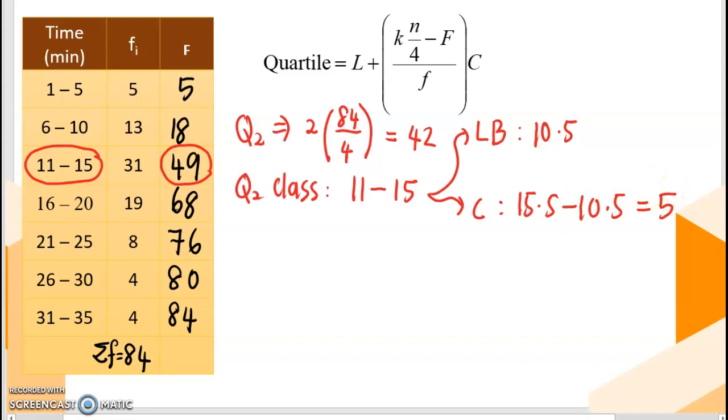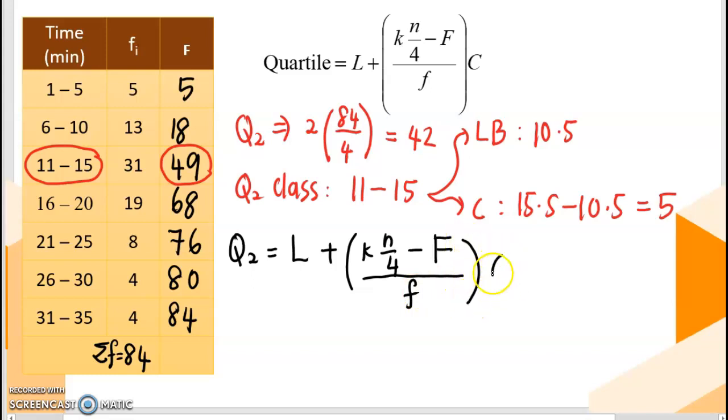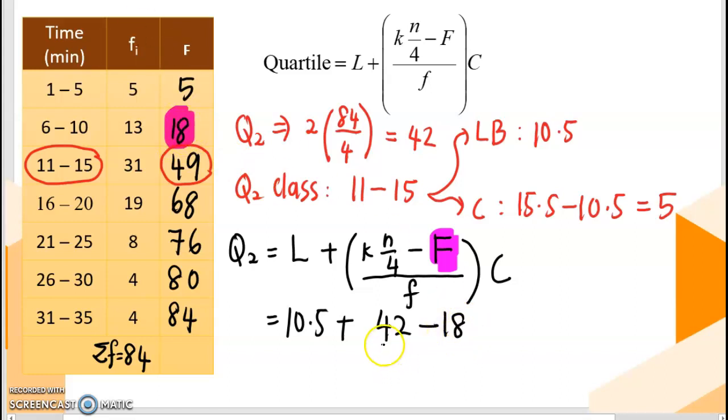Okay, next we are going to calculate Q2, which equals lower boundary plus (K is 2, 2n over 4 minus cumulative frequency before) divided by its frequency, multiplied by C. Our lower boundary is 10.5, plus our kn over 4, which is 42, minus cumulative frequency before, which is 18, divided by its frequency, which is 31, and then multiplied by 5.